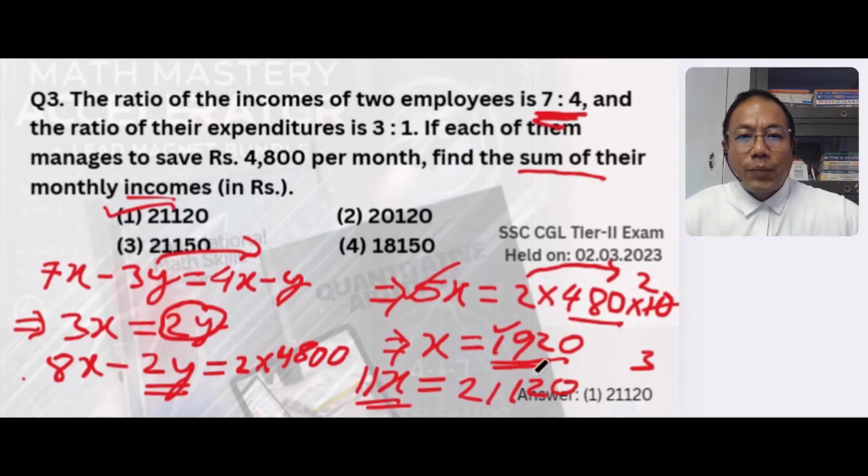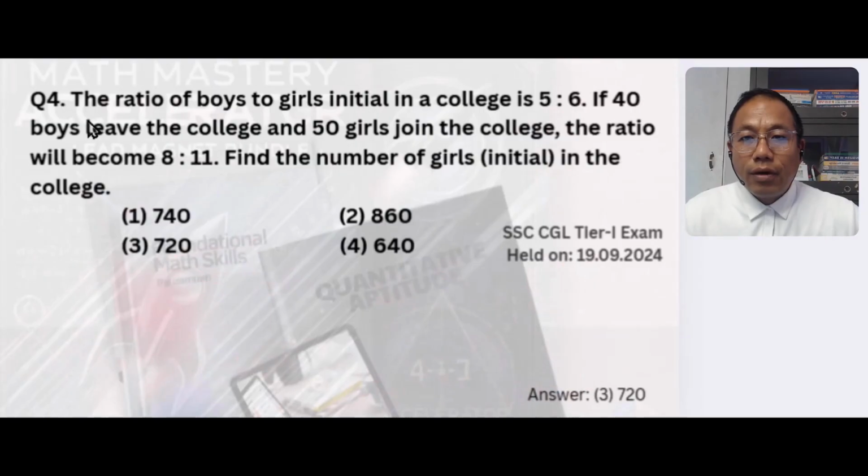Okay. Question number 4. The ratio of boys to girls initially in a college is 5:6. If 40 boys leave the college and 50 girls join the college, the ratio will become 8:11. Boys to girls is 5:6. This is 5x.